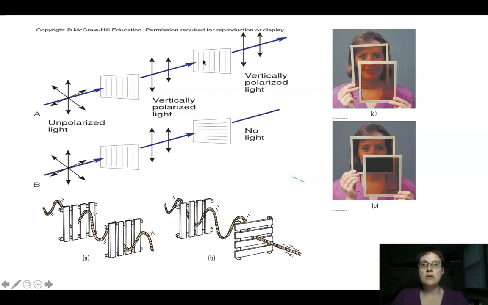So it would be what we see up here in A. We've got unpolarized light traveling in all the directions, and then the pallet, or a polarizing filter, is only allowing the vertically polarized light to travel through. That vertically polarized light can travel through, and because the second filter is also vertically polarized, it will also allow those light rays to come through.